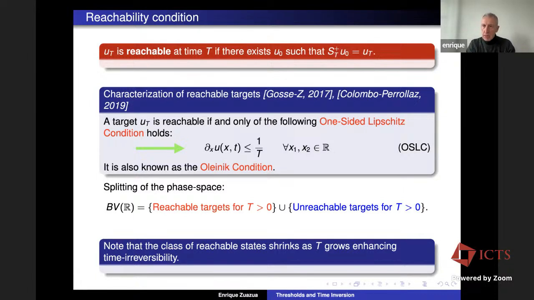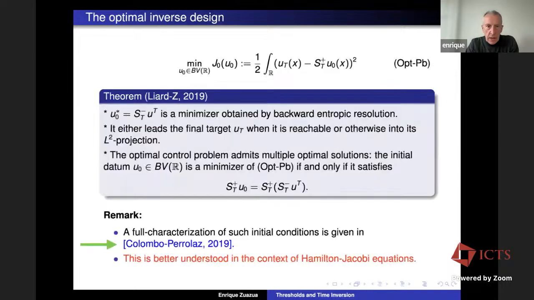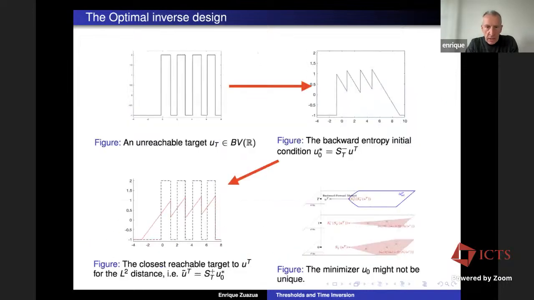But it's very hard to understand in the one-dimensional Burgers equation. However, if you do it through the lens of Hamilton-Jacobi, then it becomes transparent, okay? And in this way, in the end, you observe a number of things that maybe you could have anticipated, but that I didn't.